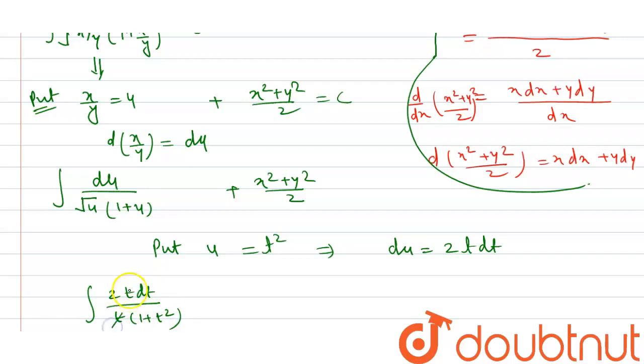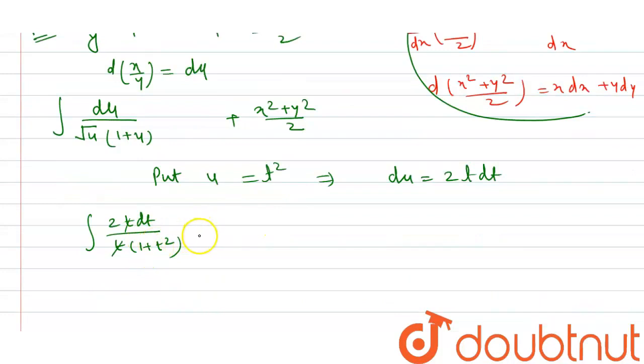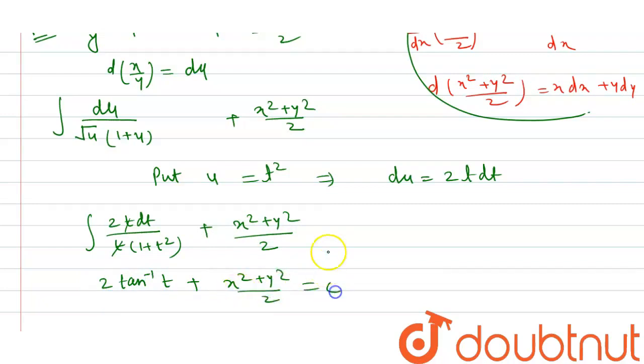So this t and t will cancel out, and the integration of dt upon 1 plus t² is nothing but tan inverse t. Tan inverse of t plus (x² + y²)/2 is equal to the constant of integration c.